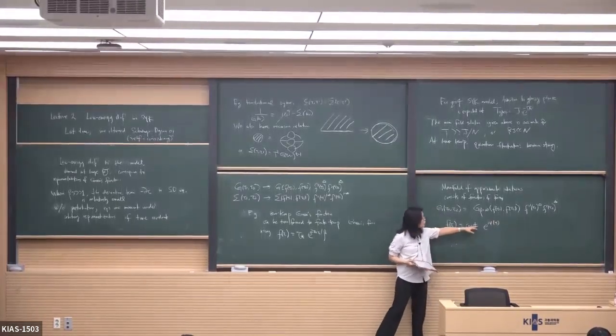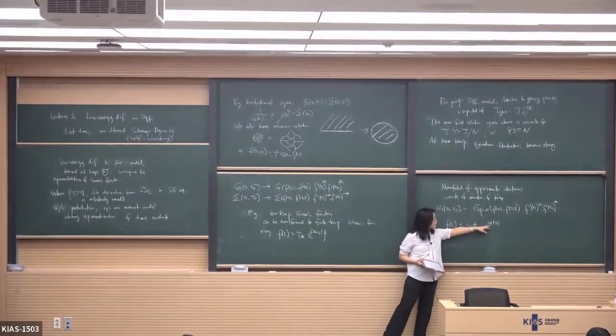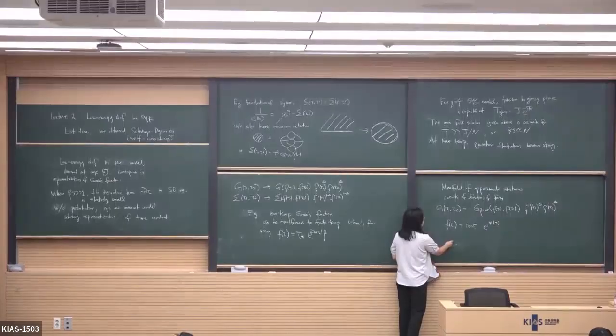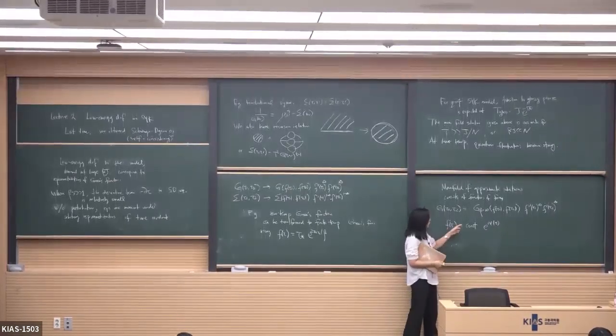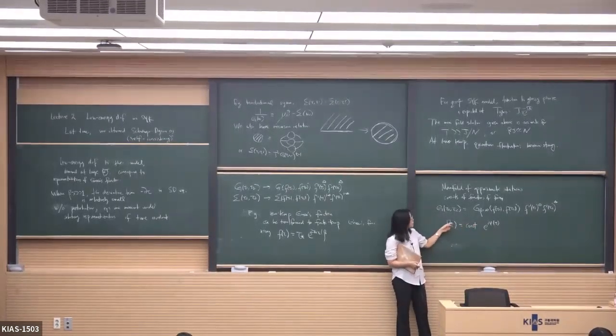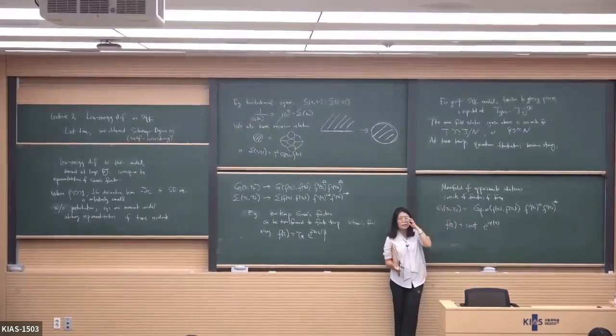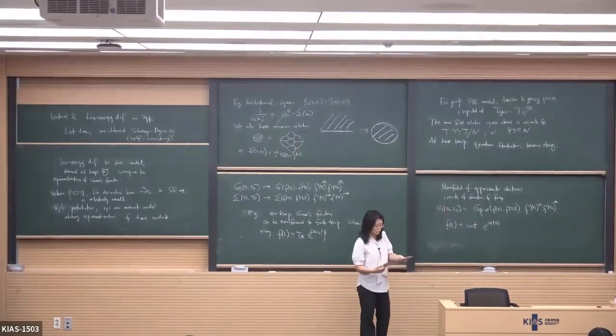Now we've pushed the reparametrization to the circle, right? So for an arbitrary reparametrization of this form, this transformed Green's function is going to be a solution to the Schwinger-Dyson equations.